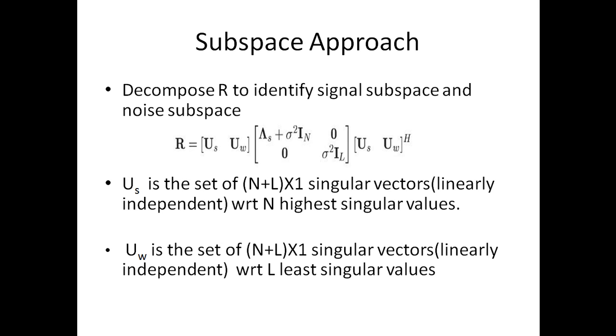Observing it more, we can recognize that we have N linearly independent vectors corresponding to the N highest singular values, which will form a basis for the signal subspace, and the L linearly independent vectors which correspond to the L least singular values forming a basis for the noise subspace.